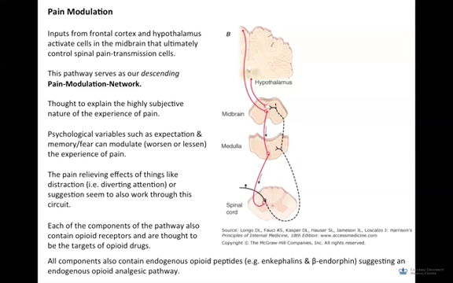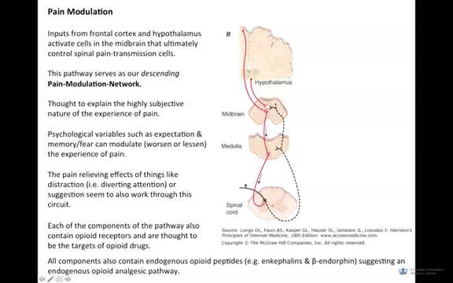So the pain relieving or analgesic effects of opioid drugs may be working through this already present pain modulation network by stimulating it. And also, very interestingly, all of these components are thought to release endogenous opioid peptides. So our body makes its own set of opioids in the form of what we call enkephalins and beta endorphins.